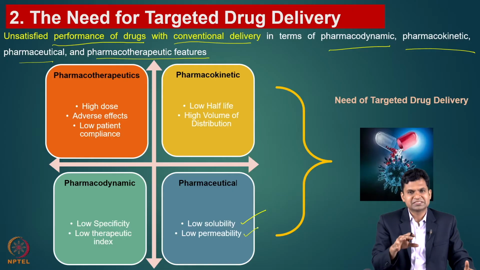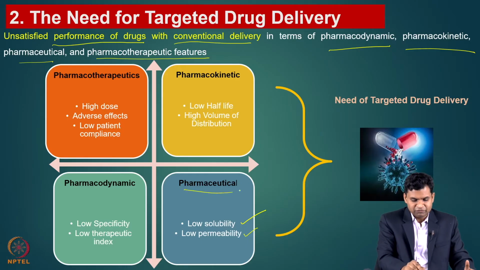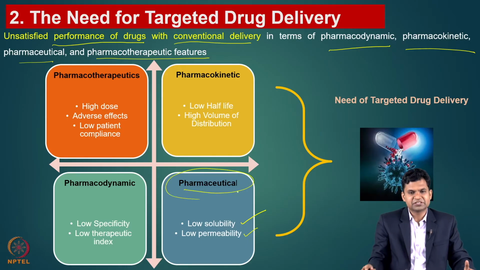To overcome these issues, we need proper targeted delivery systems. To overcome all the pharmaceutical limitations and improve performance, we must convert conventional drug delivery systems into targeted delivery, so that our dose will be reduced.